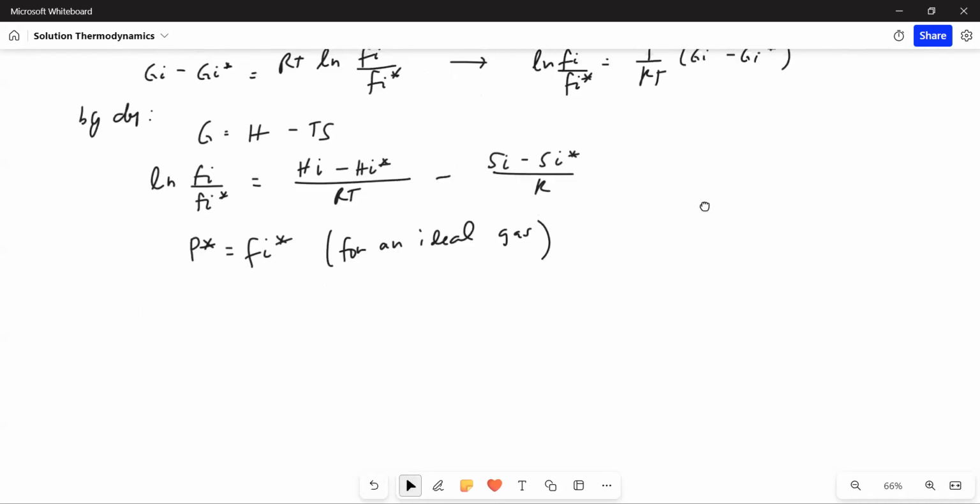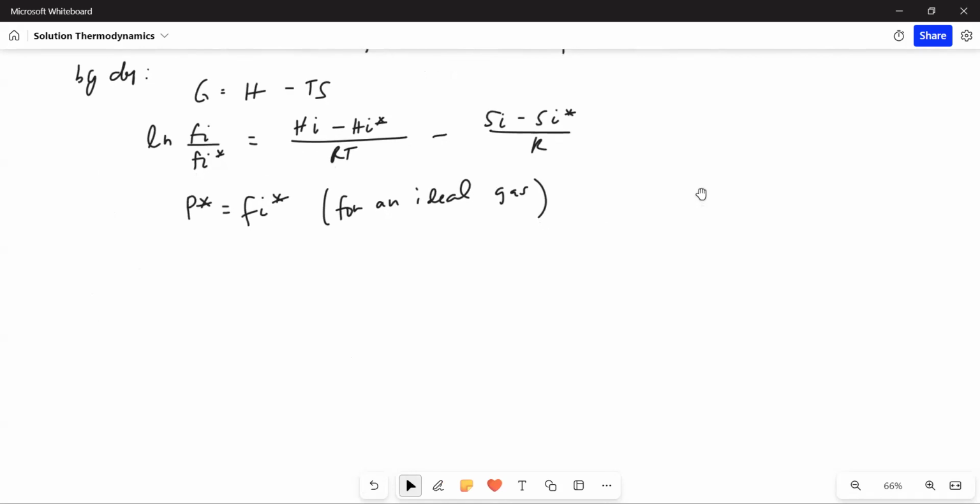So what is a good reference pressure, therefore? At what pressure would a gas behave ideally? Remember, the gas would behave ideally as it approaches zero pressure. So we need to select a very low pressure in order to make this assumption, so that this would be true.